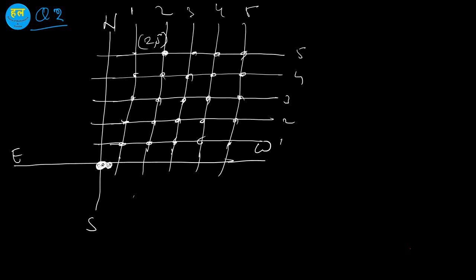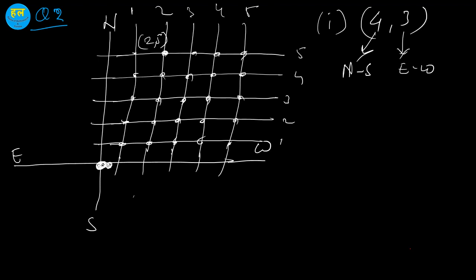Using this convention, find question number 1: how many cross streets can be referred to as 4 comma 3? By using the given convention, this will be our north south and this will be our east west.